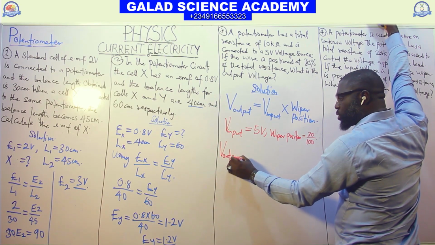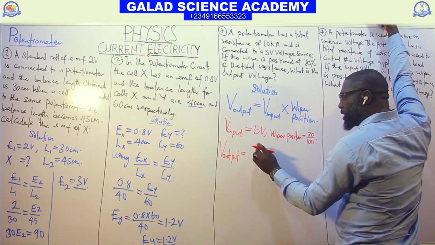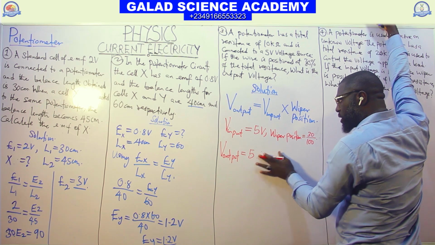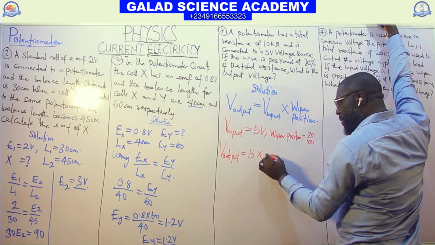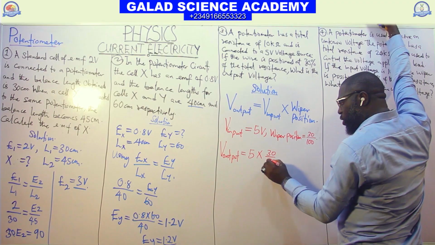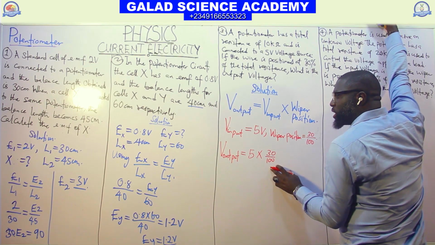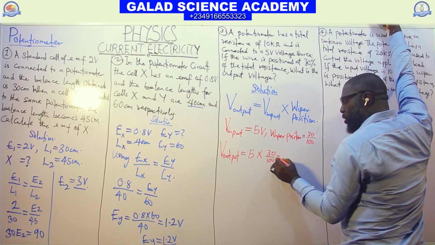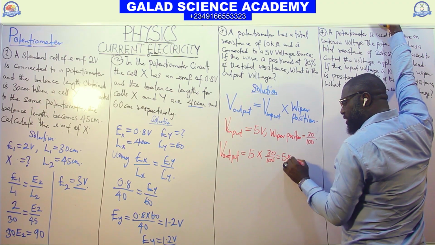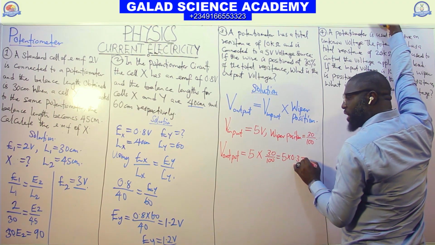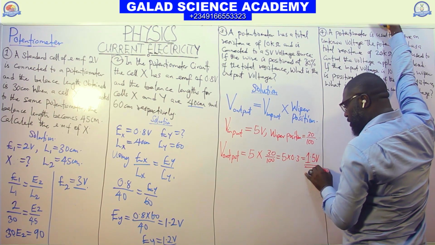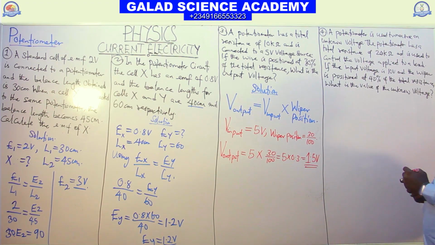Our output voltage will be 5 volts multiplied by 30 over 100, which is 0.3. You now have 5 times 0.3. The final answer will be 1.5 volts. So apply the same principle here, you will get your answer.